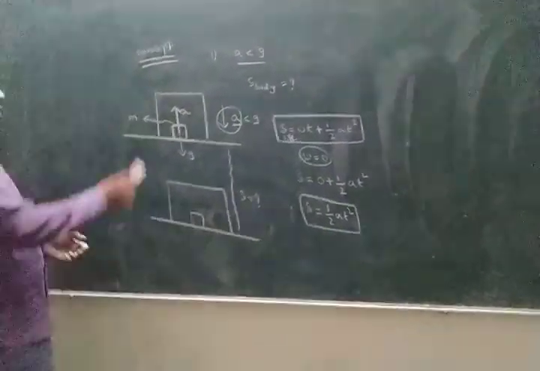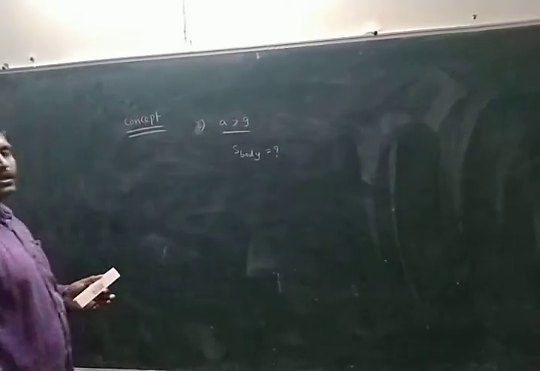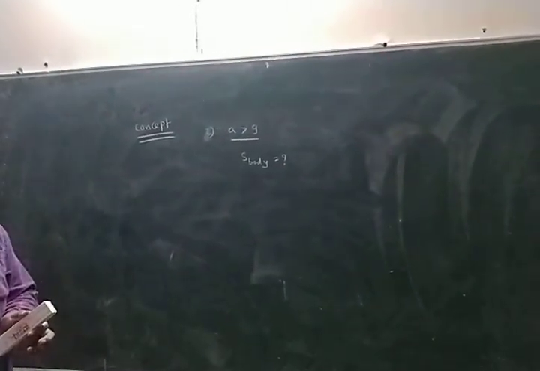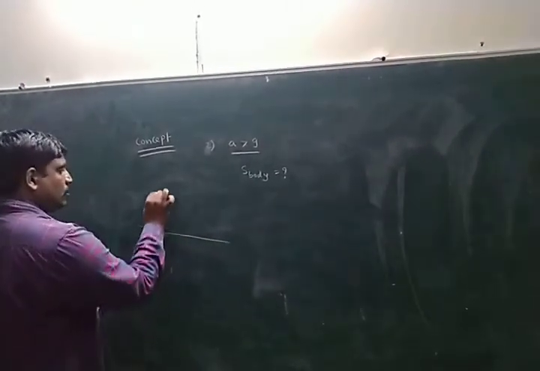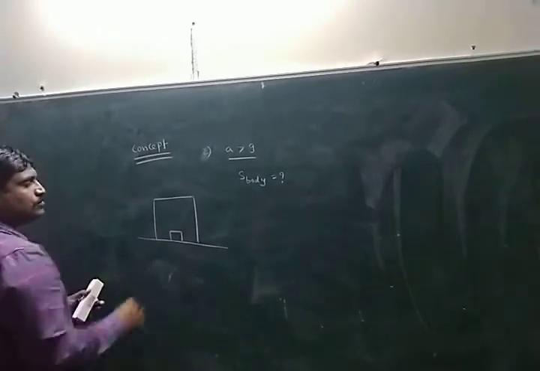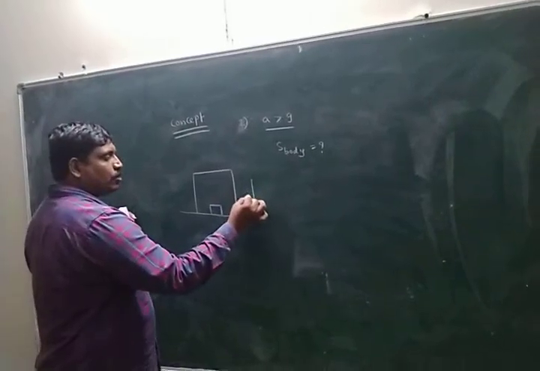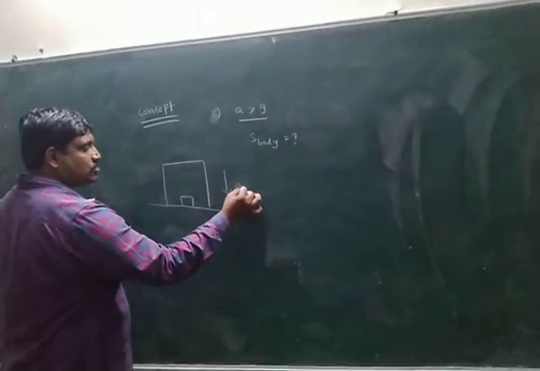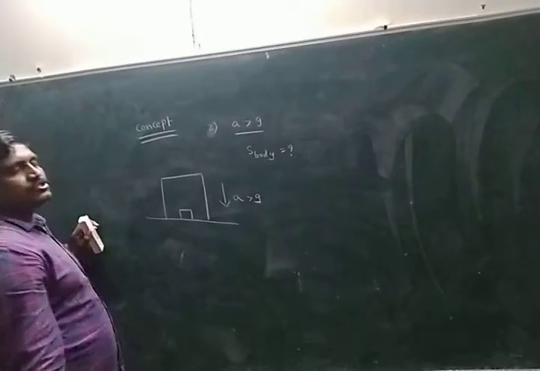Now I discuss the second question, where a is greater than g. Look here, this is the lift, and inside the lift a body is placed. The lift is moving downward with acceleration a, which is given greater than g.